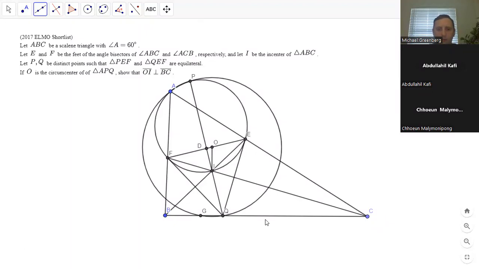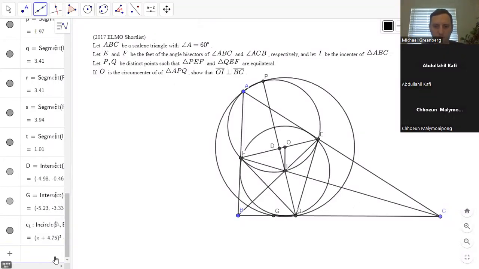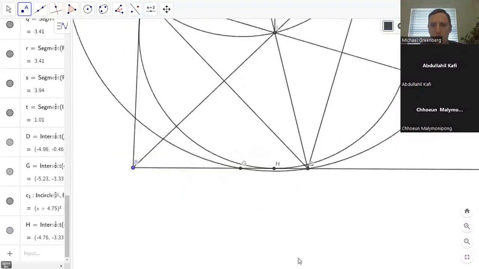You know what? What if, let's draw the incircle. So basically, we want to show, it's the same as showing that GH equals HQ.